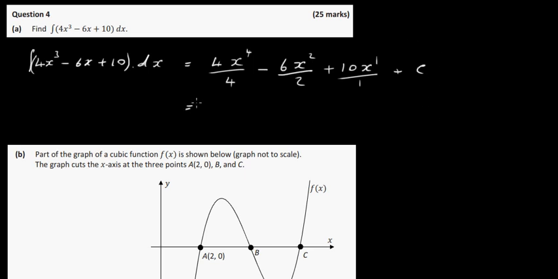Let's tidy this up. 4 divided by 4 is 1, so we just get x to the power of 4. 6 divided by 2 is 3. 10 divided by 1 is just 10x. So we end up with x to the power of 4 minus 3x squared plus 10x plus c. And that's it.